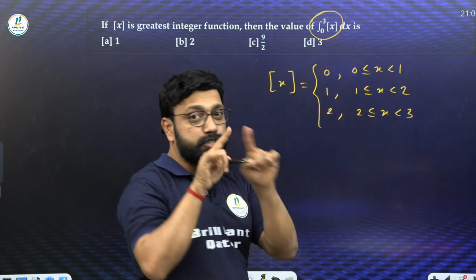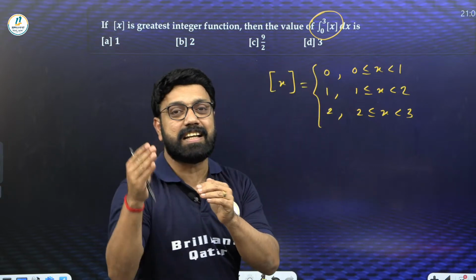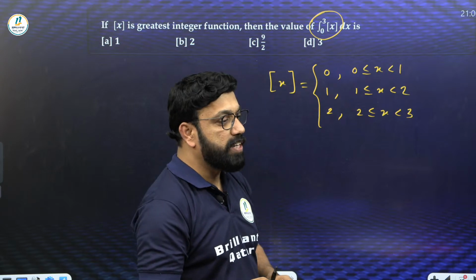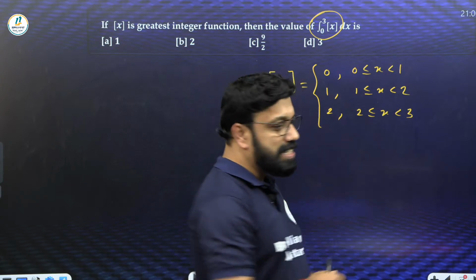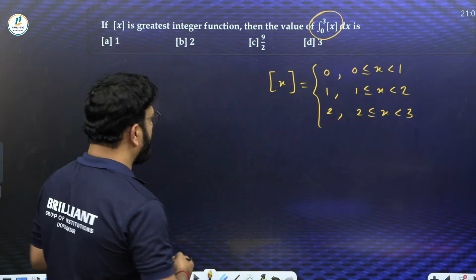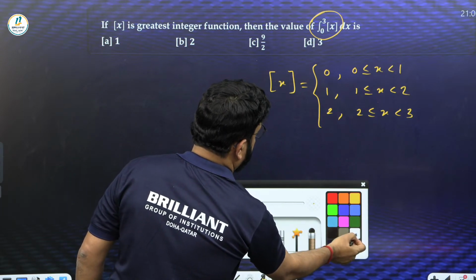Greatest integer function x, at every integral value it will be discontinuous. Every integral point it will be discontinuous. Yes, the answer is given here. Arnav gave the answer. The answer is correct. Good. Now how can we write this function in integral form?